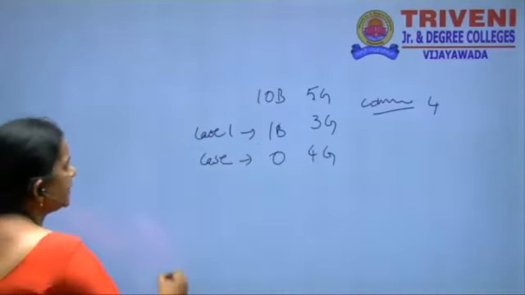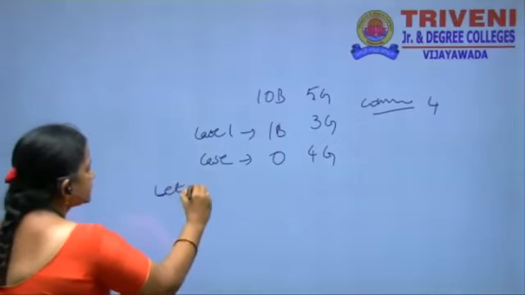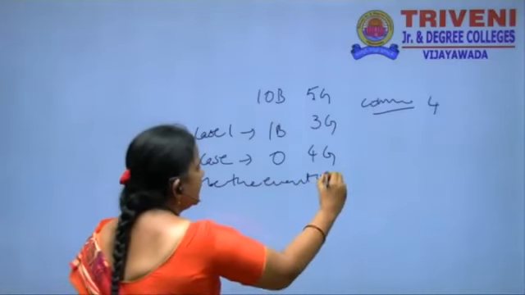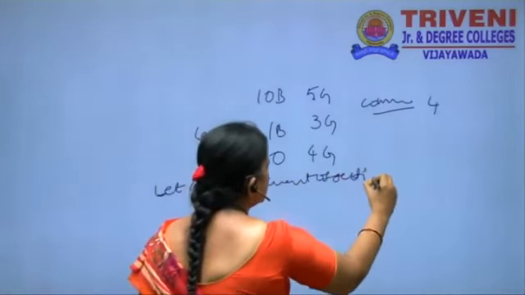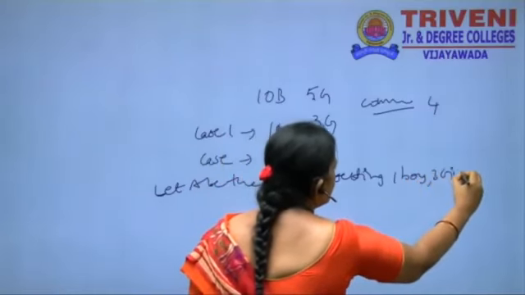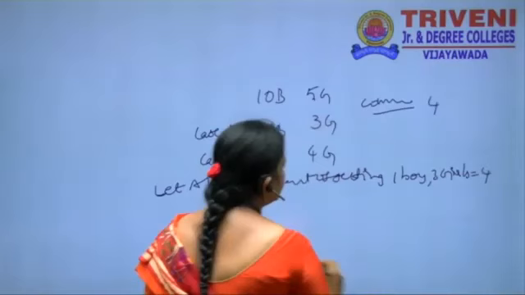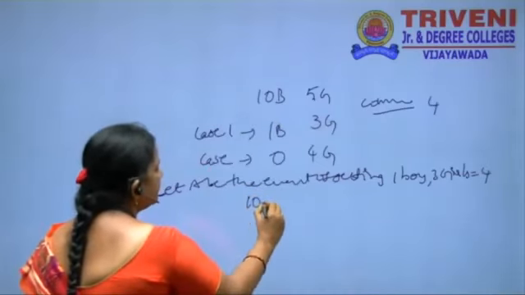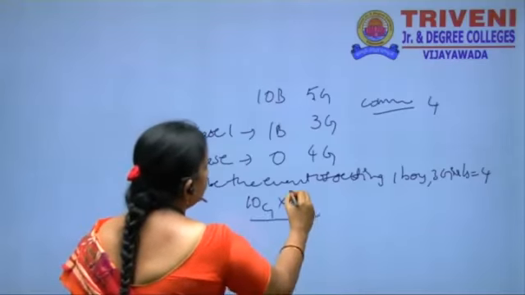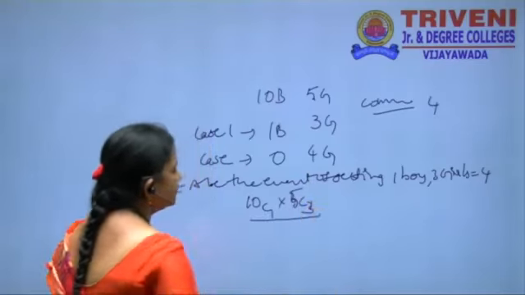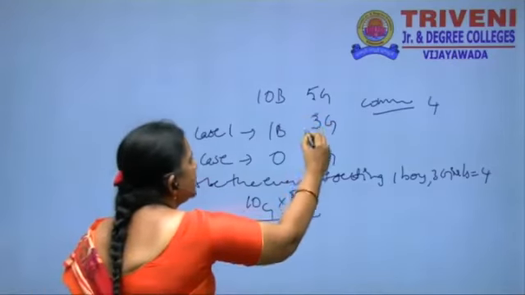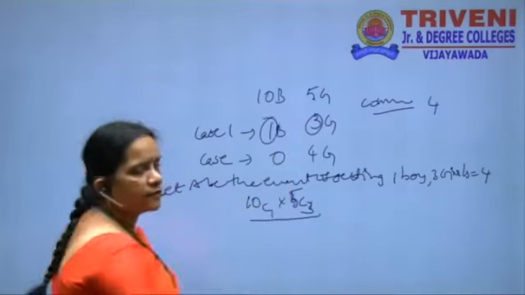Let A be the event of getting 1 boy and 3 girls. Total 4 members we have to select here. Then 1 boy means 10C1 into 5C3. Out of 5 girls we have to select 3, and out of 10 boys we have to select only 1.